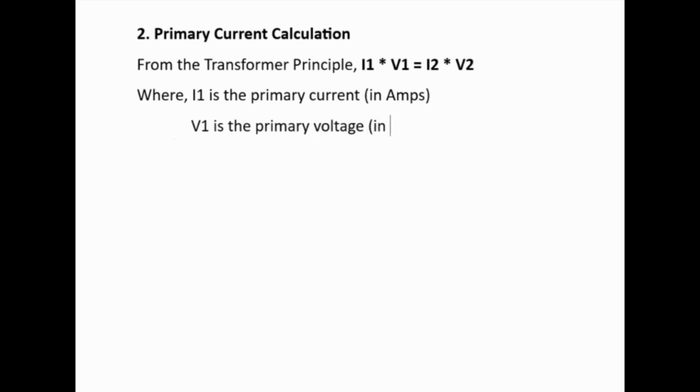Primary current calculation. From the transformer principle, I1 into V1 is equal to I2 into V2, where I1 is the primary current in amps, V1 is the primary voltage in volts, I2 is the secondary current in amps, V2 is the secondary voltage in volts.